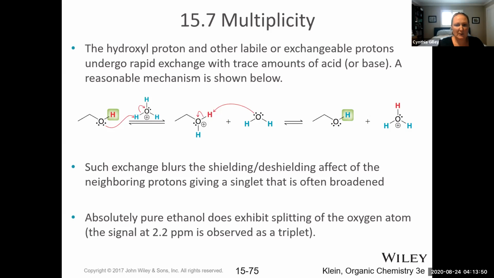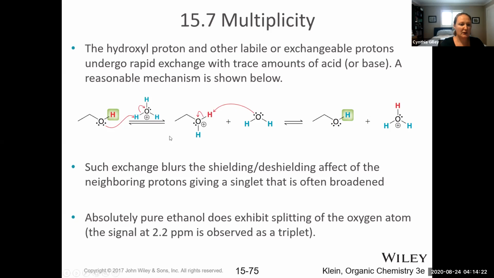What is the reason why we don't see splitting between those neighbors? The reason is because, as I mentioned before, that hydrogen is labile. What does that mean? That basically means that if you have trace acid or base in solution, then there can be a series of proton exchanges between the acid or the base and the hydroxyl group, where it's either protonated and deprotonated or deprotonated then protonated, depending on if it's acid or base.